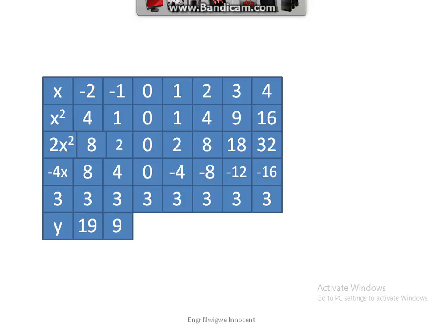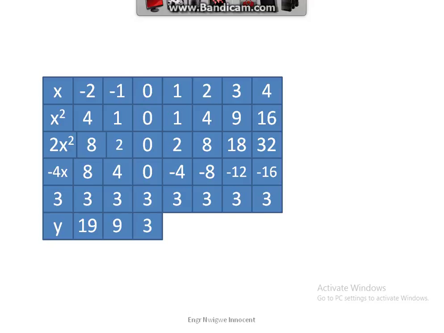Then for x equals 0, 2x squared is 0, minus 4x is 0, and 3 is the constant. We do our calculation: 0 plus 0 plus 3 is 3. Then for x equals 1, our 2x squared is 2, minus 4x is minus 4, and the constant is 3.